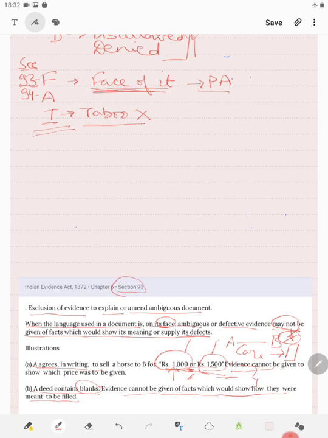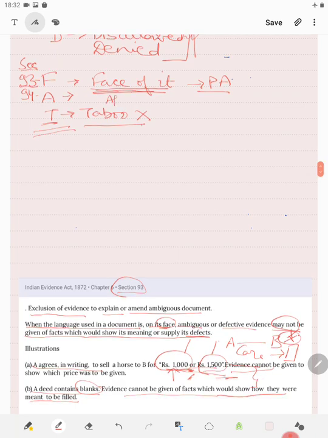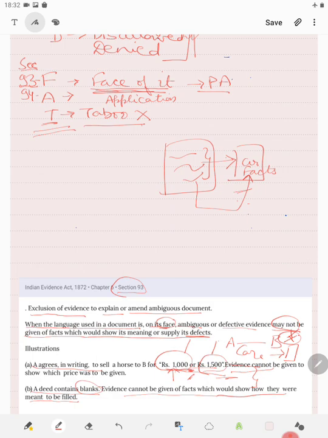Now section 94 is where A stands for application. That is, suppose some facts are given in the document and these facts apply to the existing circumstances or facts, then evidence will not be allowed to be given that it was not meant that these facts applied.